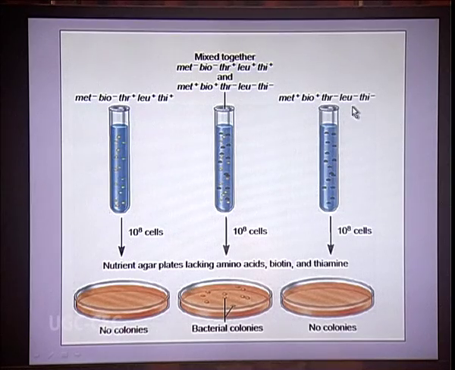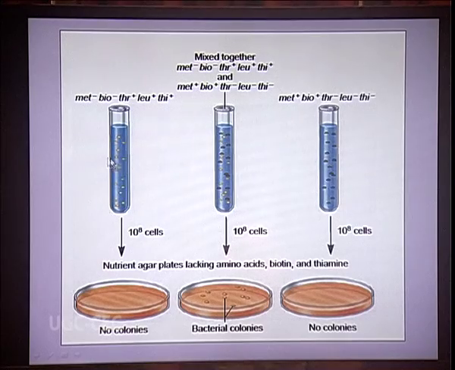Initially they took 10 to the power of 8 cells from this strain and plated them onto the minimal media. And from this strain also, they took 10 to the power of 8 cells and plated them on the minimal media. But unfortunately, they couldn't get any colonies, as both of them were auxotrophic strains.